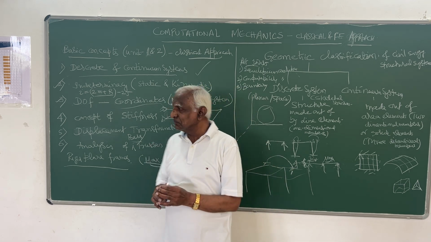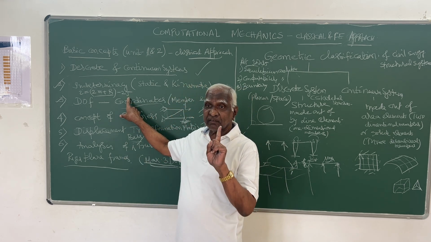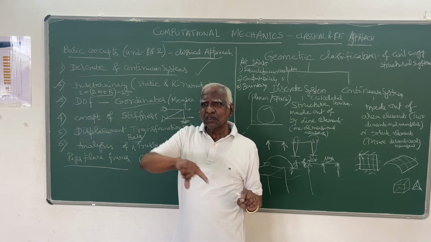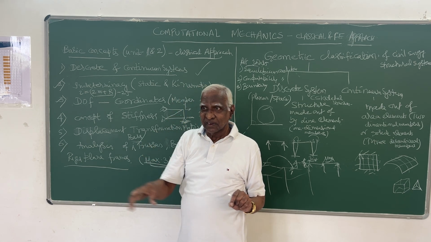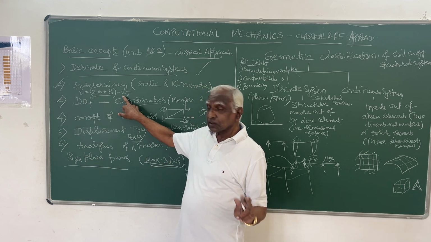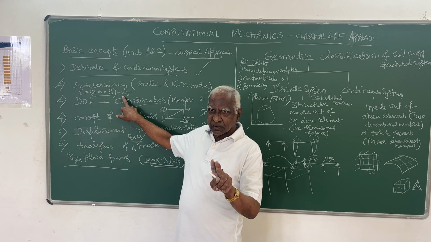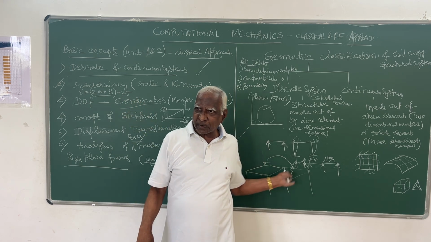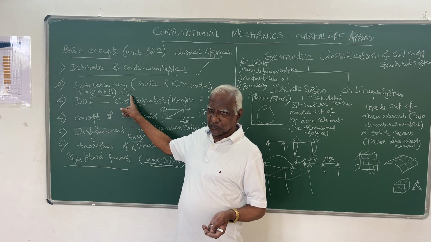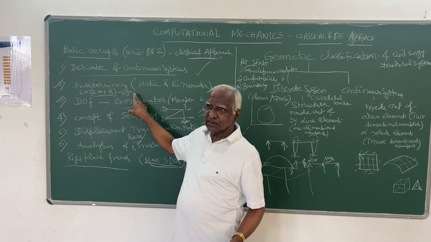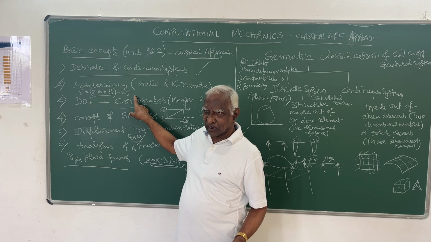At each joint you have 2 equations of equilibrium, sigma V equals 0, sigma M equals 0. Sigma F, of course, it is actually rigid in beam I am talking about. So that means 2 equilibrium conditions per joint. If you have j number of joints, it will be 2j. So this is the total unknown forces, and this is the equations of equilibrium available.